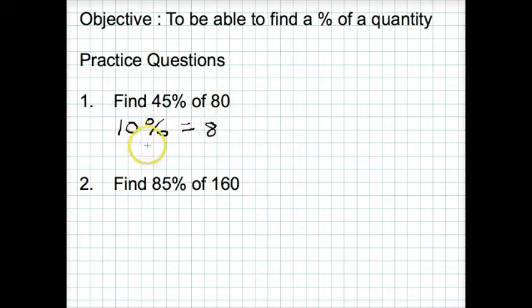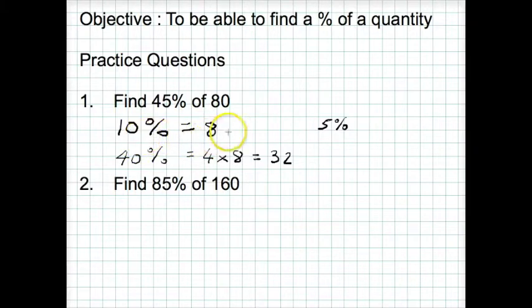Well, if 10% is 8, then 40% would be 4 lots of 8. So 40% is going to be 4 times 8, which gives me 32. Now I've got 40%, but I need 45%, so I also need to find out what 5% is. Well, 5% will be half of what 10% was.